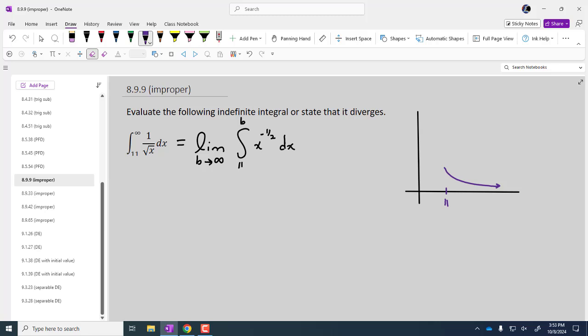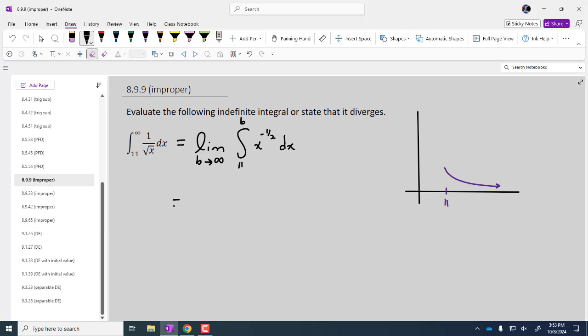It's going to the x-axis very slowly. 1 over the square root of x is certainly going to 0, so it's approaching the x-axis asymptotically. But we've seen that our threshold is 1, x to the 1 in the denominator. If the power is less than 1 in the denominator, we're going to get a divergence on the horizontal tail.